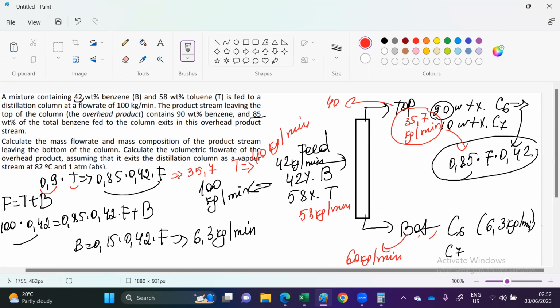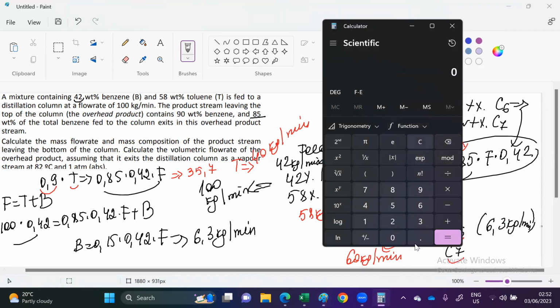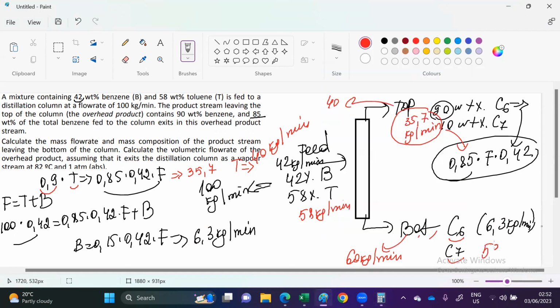In the 60 kilogram per minute bottom total, the 6.3 is the C6, the benzene, and the remaining is toluene, right? It means I need to do 60 minus 6.3, which is 53.7 kilogram per minute. So I have done my calculations based on both benzene and toluene.